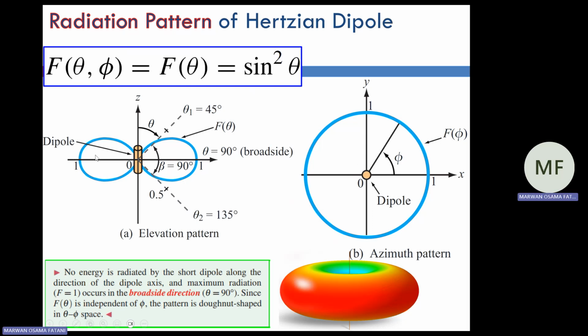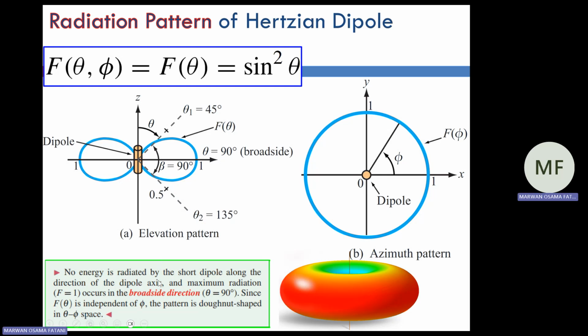And if we take a vertical cut of this, like that, we are going to find that this is the elevation pattern and this is the azimuth pattern. Elevation pattern means we take a cut in the vertical and azimuth in the horizontal. So if we take a cut on the horizontal, we're going to see this circular donut-like shape with zero radiation in the middle, and it increases as you go outwards, as shown in this figure right here.